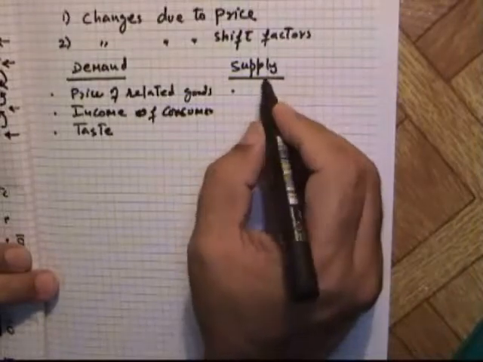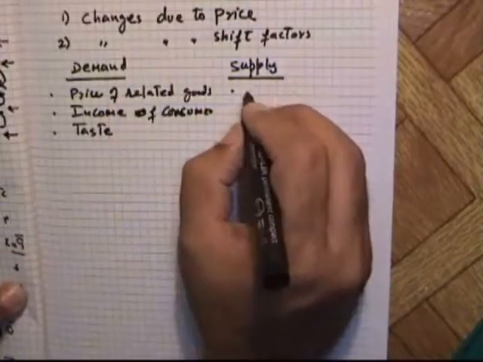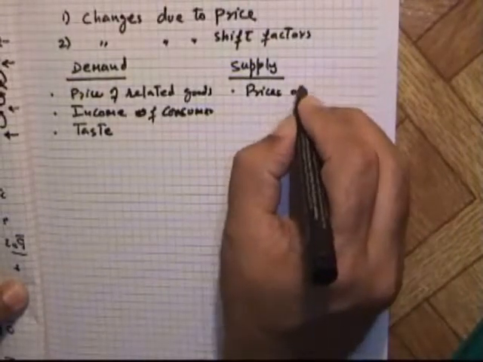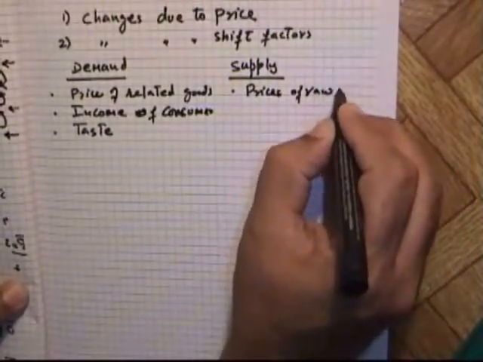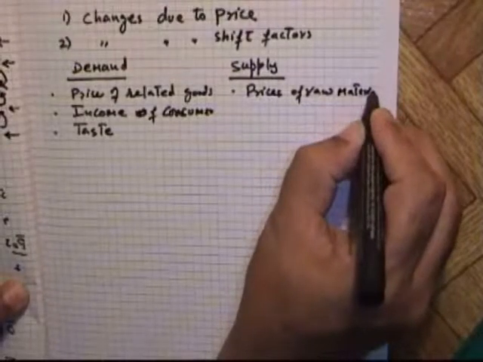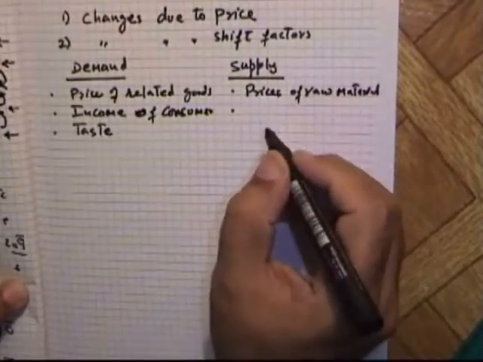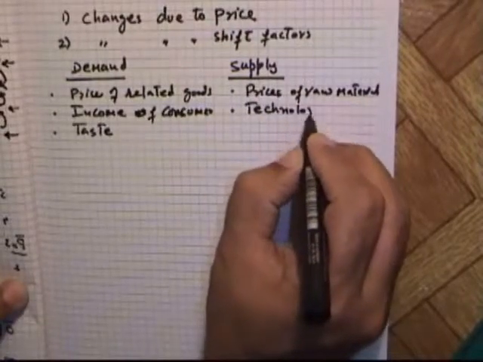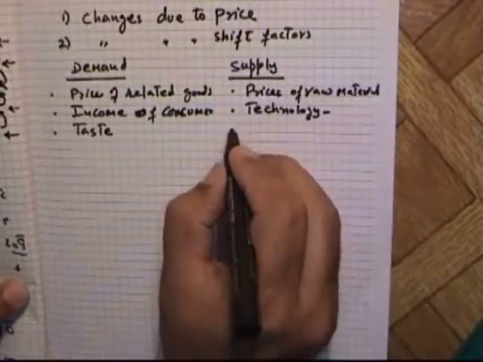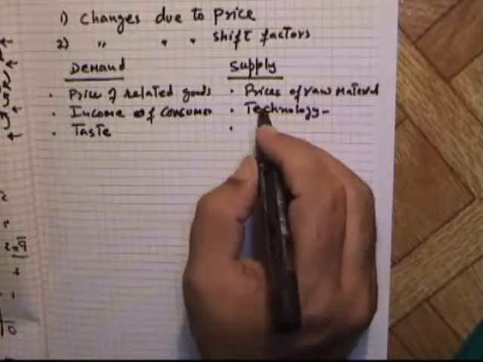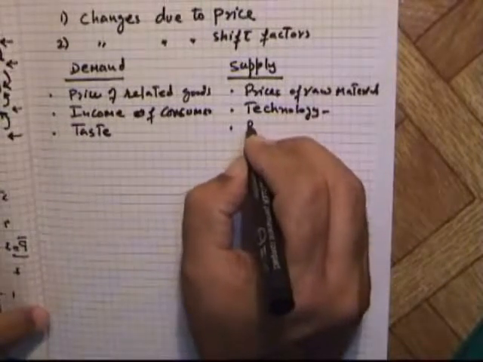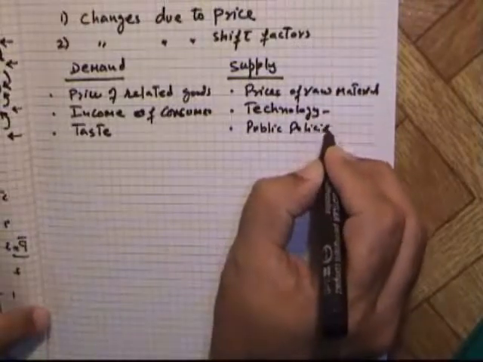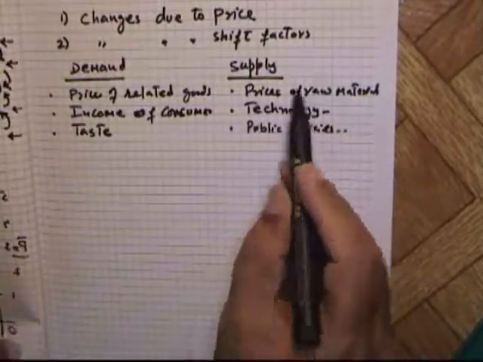The shift factors in supply: that prices of raw material will not change, technology will not change, change in government policies, meaning public policies, and so on.